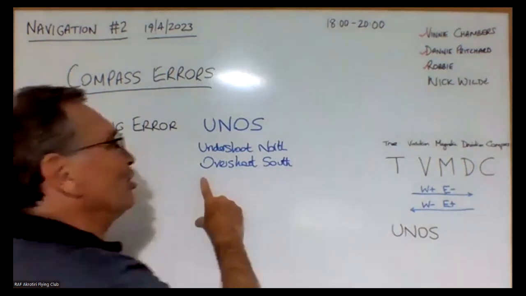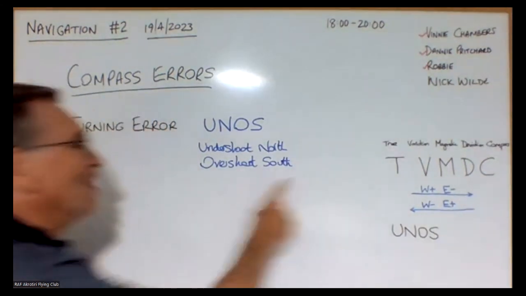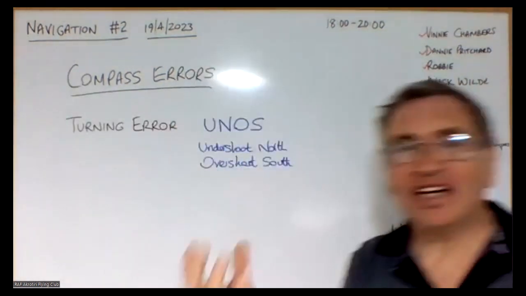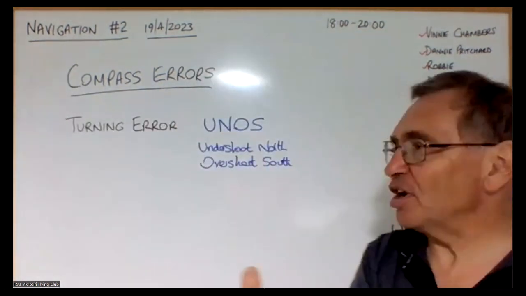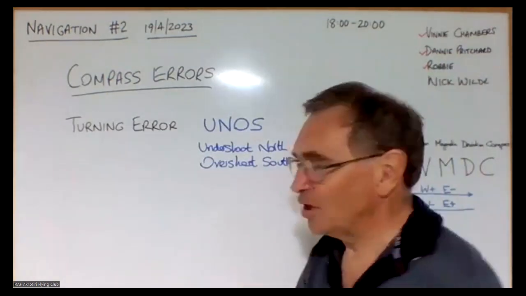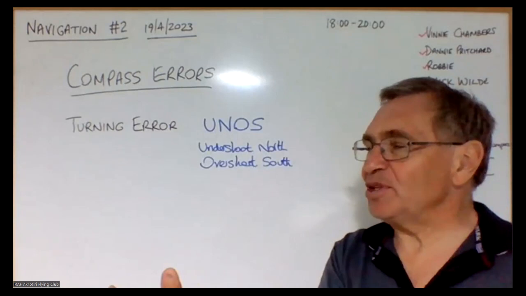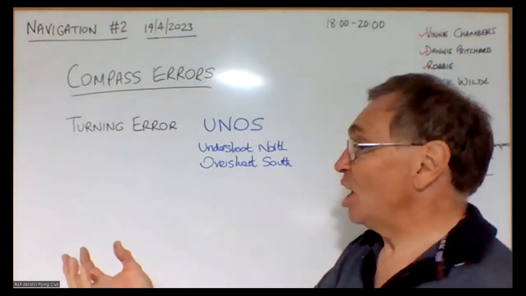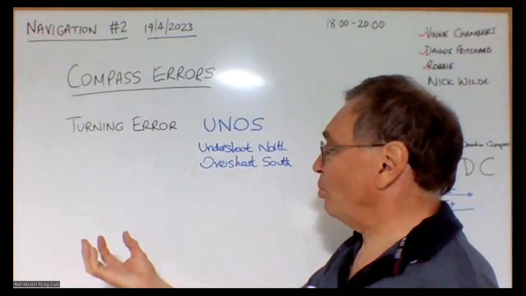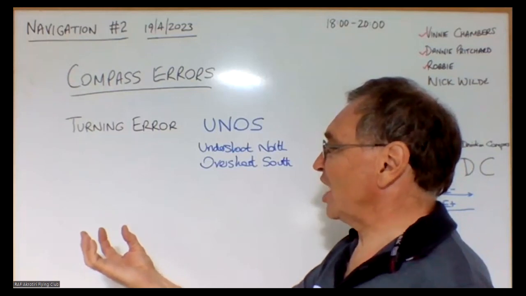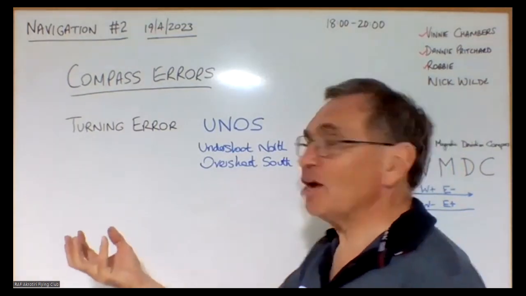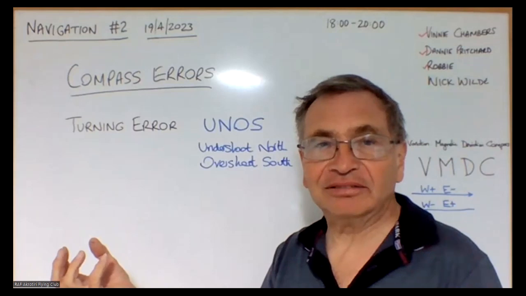If I was trying to turn onto south, I would have to overshoot. In other words, if I was holding the same compass and wanted to turn onto south, I would go 160, 170, 180, 190, stop, and then the compass would go back to 180.